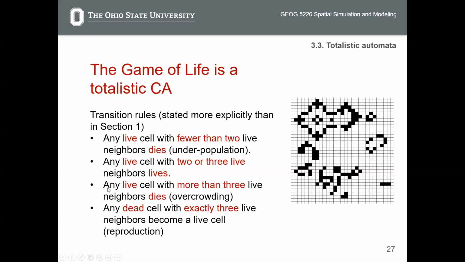It means that if the current state of the cell is 1, but the sum of the neighbors is larger than 3, the cell's value will change to 0. It dies. And if currently a cell is 0, but the sum of the neighbors is exactly 3, this dead cell will change to live. 0 will change to 1. So now you know the game of life is a total CA.